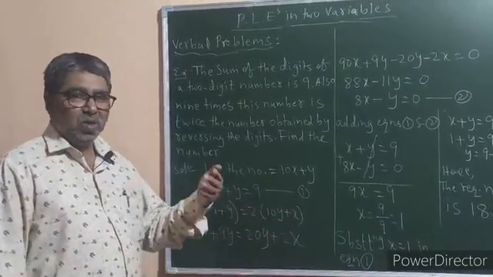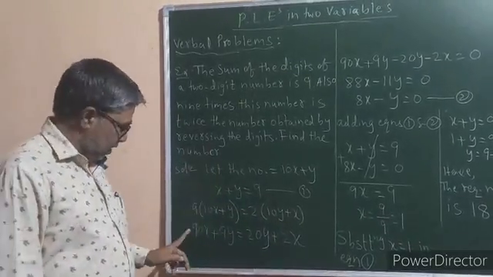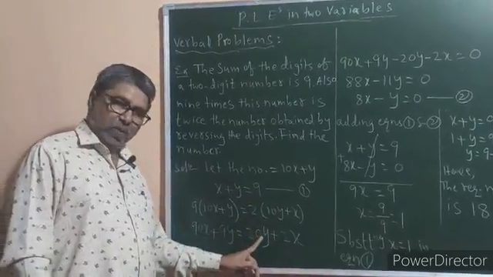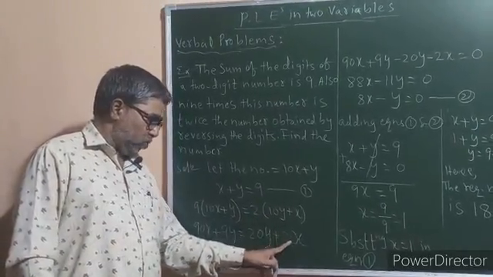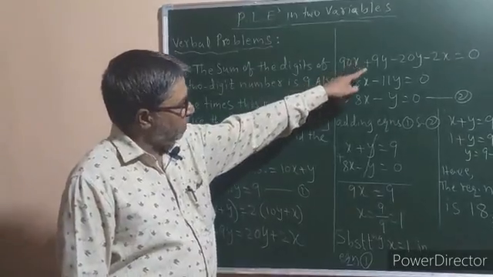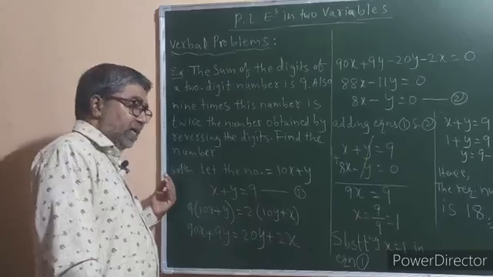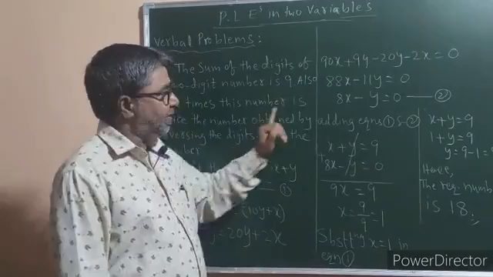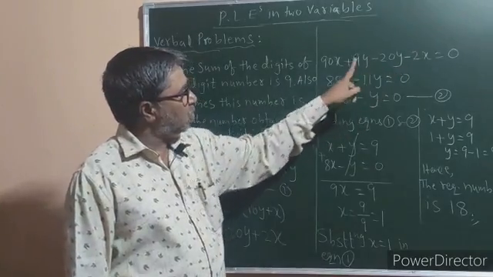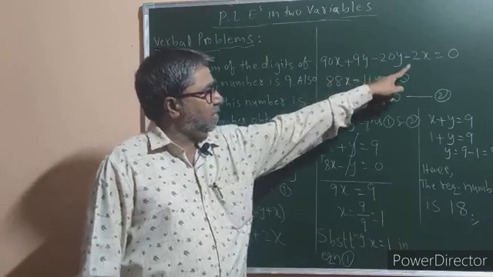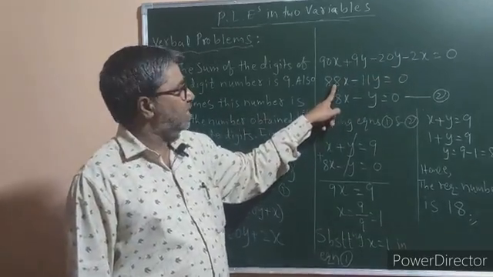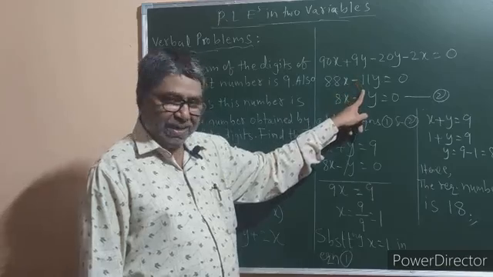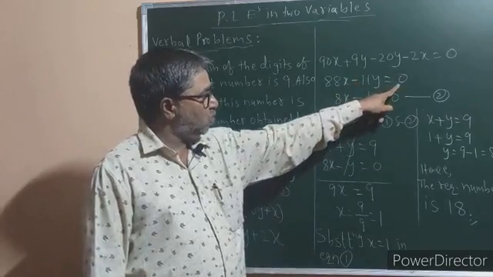Now simplify this to get the second equation. So 90x plus 9 ones are 9y is equal to 2 tens are 20y plus 2 into x, 2x. 90x plus 9y, bring plus 20y this side, minus 20y, bring 2x also towards left side, minus 2x is equal to 0. 90x minus 2x will be 88x, plus 9y minus 20y will be minus 11y is equal to 0.